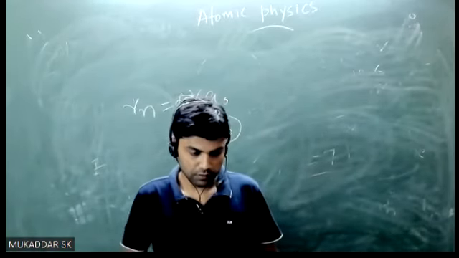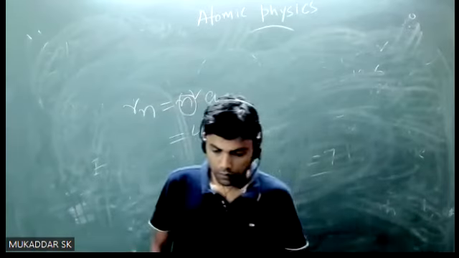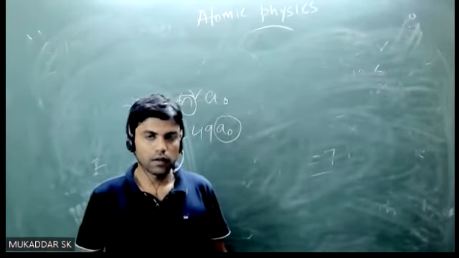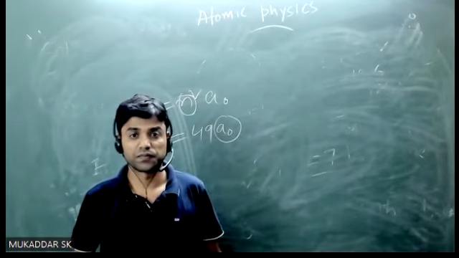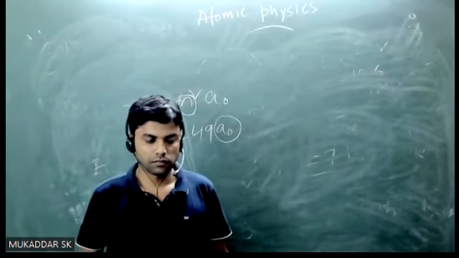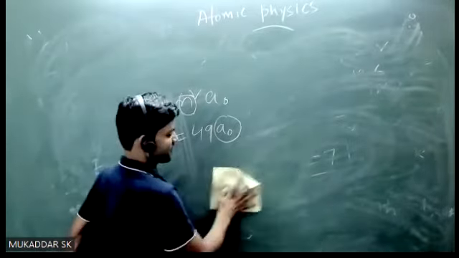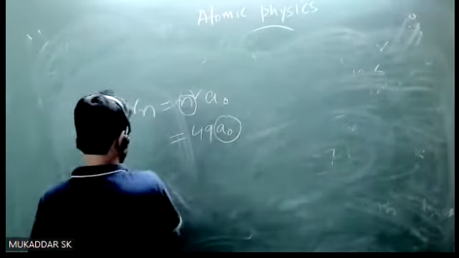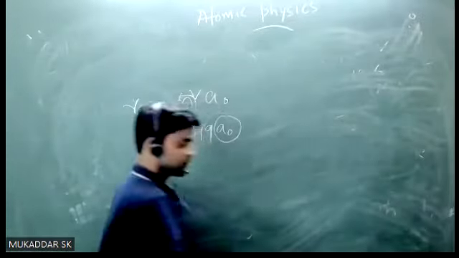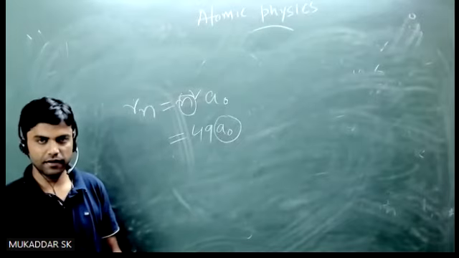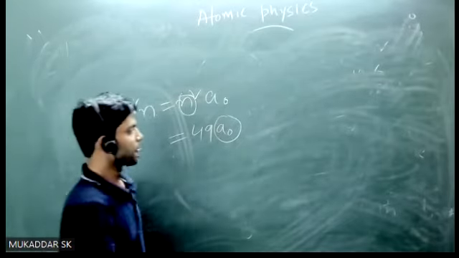Sir, in the earlier question we discussed the magnetic field. So is there any dependence of the electric field on the radius? You tell me. Yes, there is definitely a relation between electric field and radius.